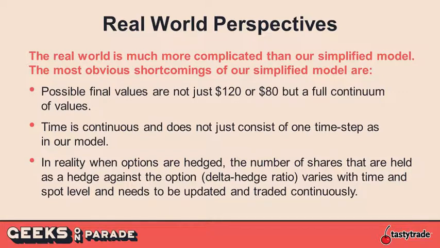In reality, time is continuous, right? And the time steps are also not in discrete steps. This also continues. So when options are hedged in reality, to have this really delta neutral position, we have to continuously hedge that same position to become delta neutral. In reality, most institutions do that probably at least once a day.